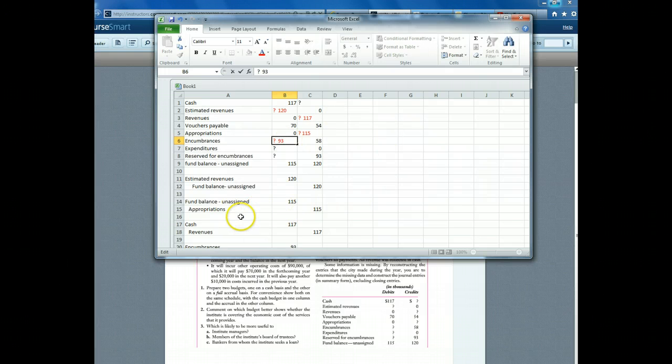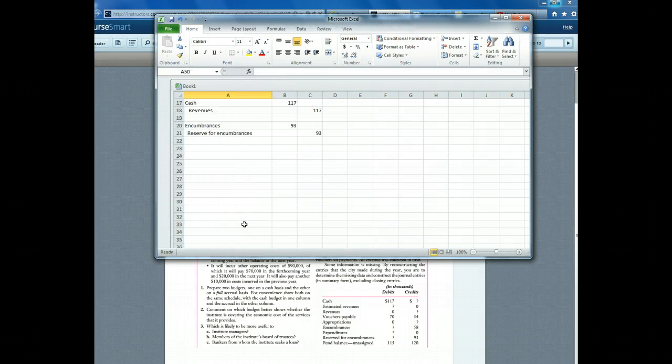Then we've got this vouchers payable of 54,000. What happens when we have a vouchers payable? What does that mean the journal entry would show? Expenditures of 54, and we would have vouchers payable of 54.